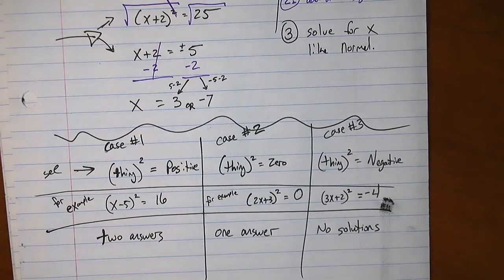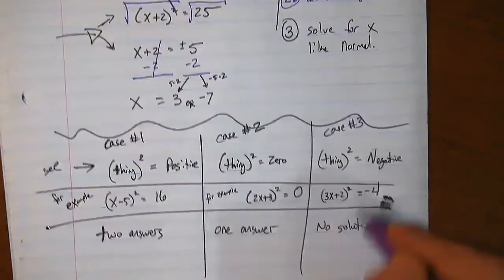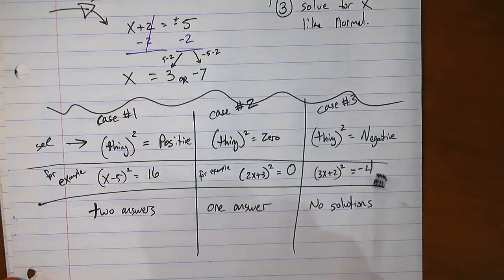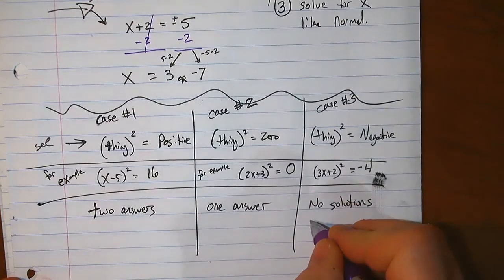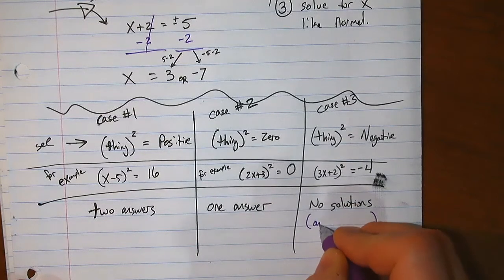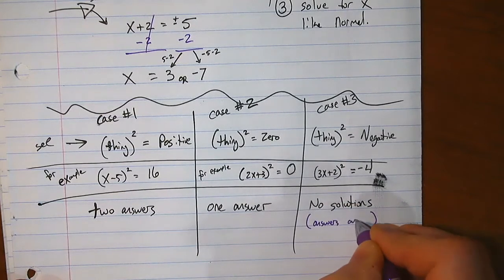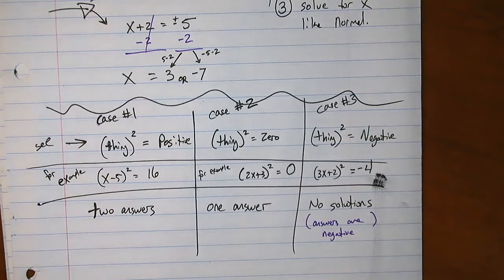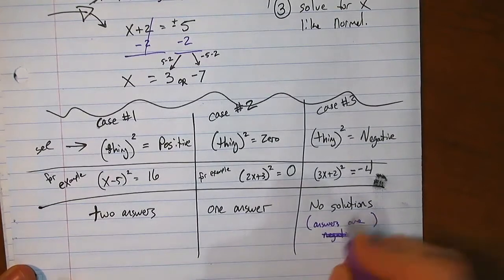Like I said, later this semester, we're going to talk about imaginary numbers. This is where the imaginary numbers will creep in. So I'm just going to put this here as foreshadowing, predicting the future. Answers are not negative, answers are imaginary.